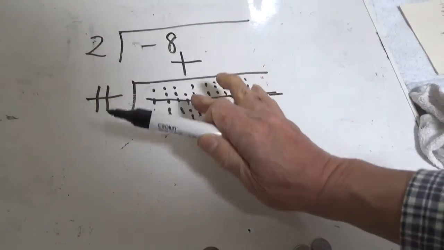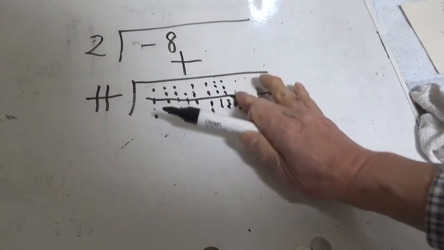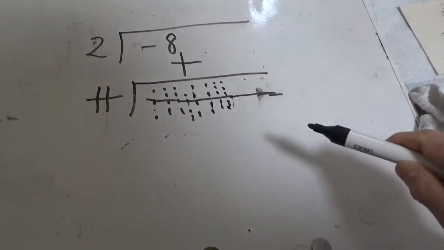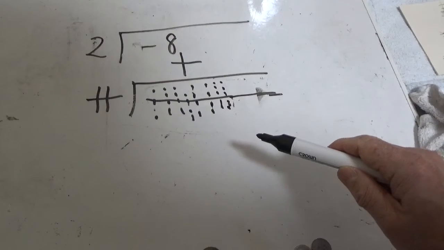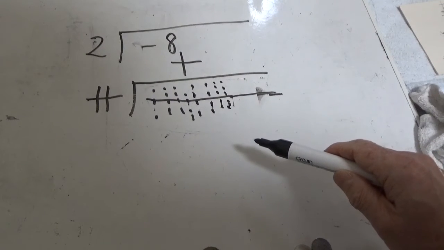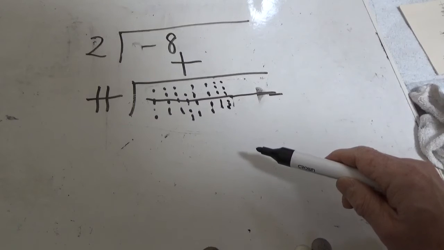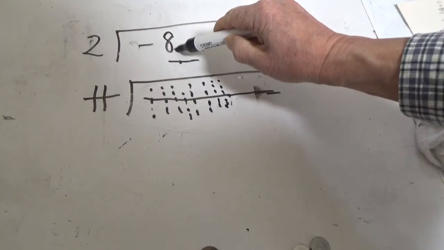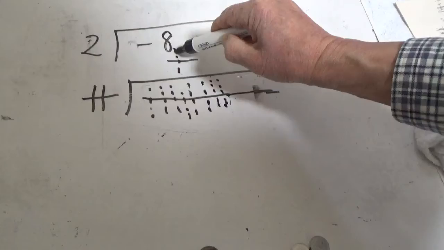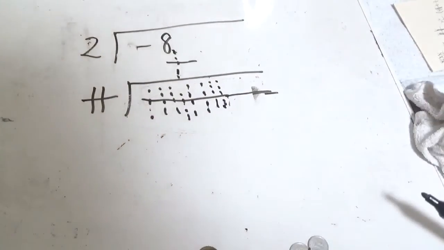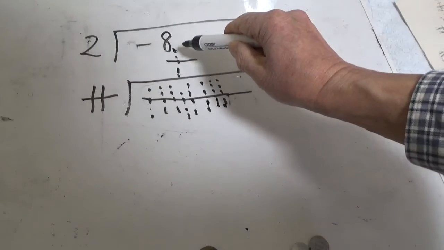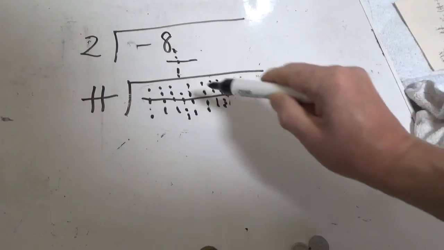So from minus 8, 2 cannot be subtracted until the result is 0. So let's add. That is the inverse of subtract.